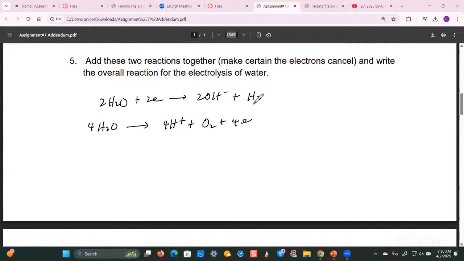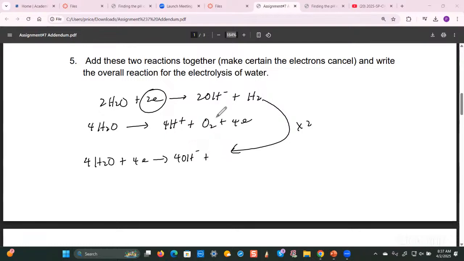So what the question is asking is for us to add these two equations together and make sure the electrons cancel out. The only way is to multiply the reduction equation by 2, because then we get 4 electrons. So multiplying the whole equation by 2, you end up with 4H2O plus 4 electrons to give 4OH minus plus 2H2, plus the oxidation equation.